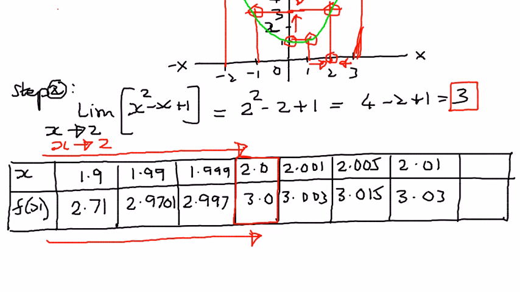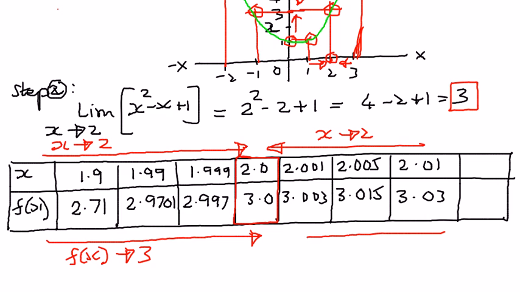I'm going to write this as f of x is approaching 3, like that. Same thing, the observation we see from this table of values is as x approaches 2 from the right, the value of the function is approaching 3 from the right as well.